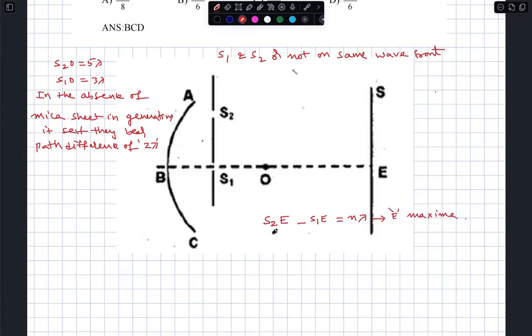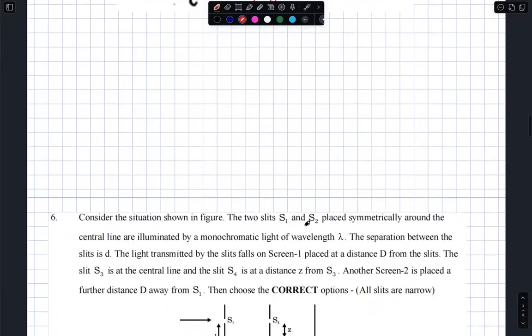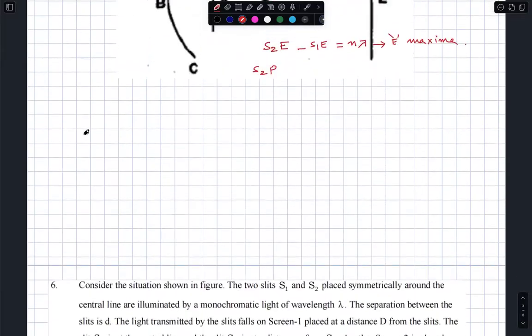Remember, S2E is covered. So geometry S2E. Now, when you are doing Young's double slit experiment, if upper slit is S1, lower slit is S2, then when mica sheet is covered, what have you done? That is the basic thing required here. What you are doing is shifting up. Central max shifted up. Why, I will explain.